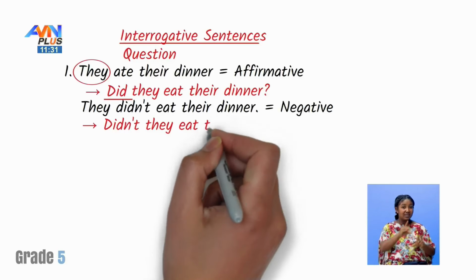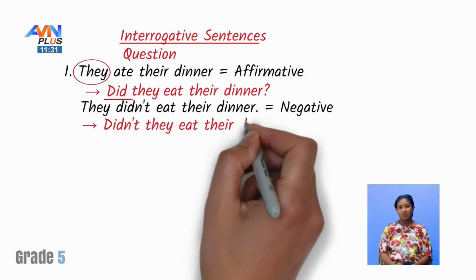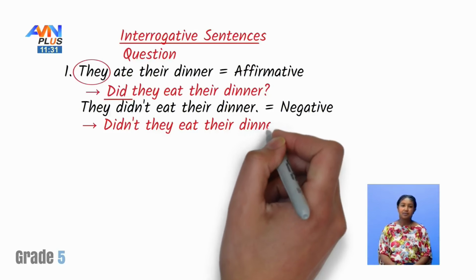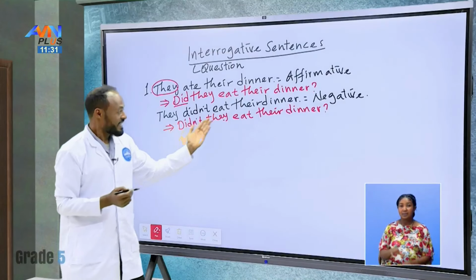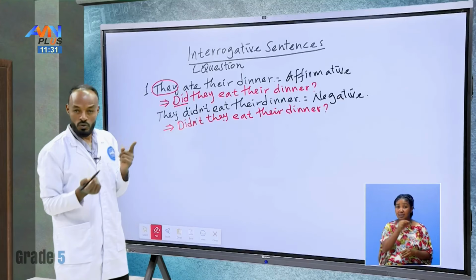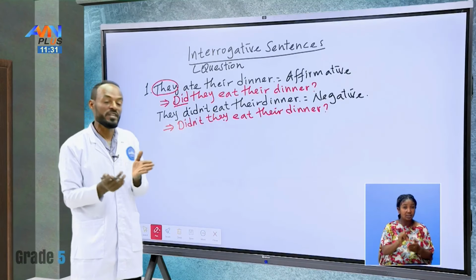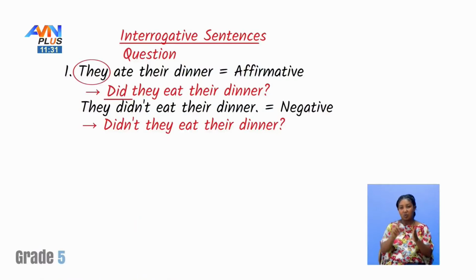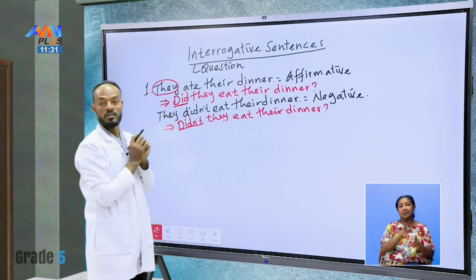Didn't they eat their dinner? So if the sentence is given in the negative, we have to start from didn't. If the sentence is given in the affirmative, we have to start from did.